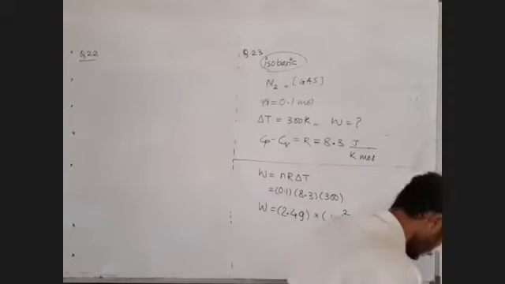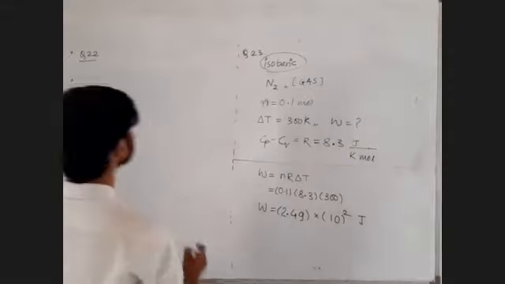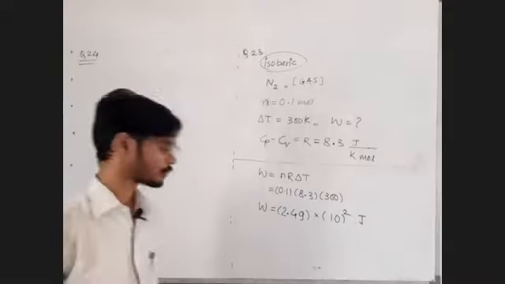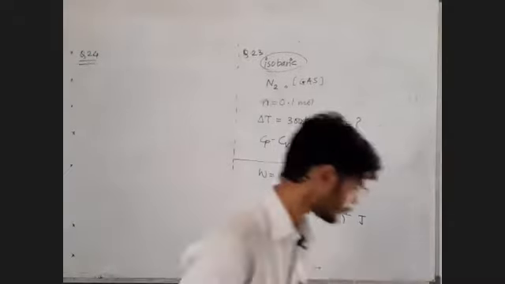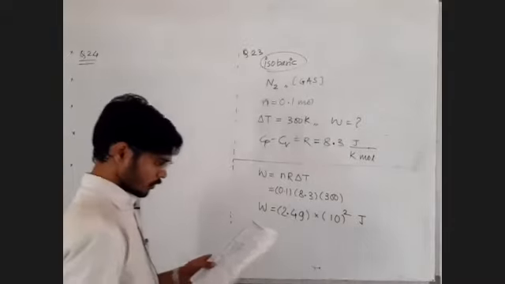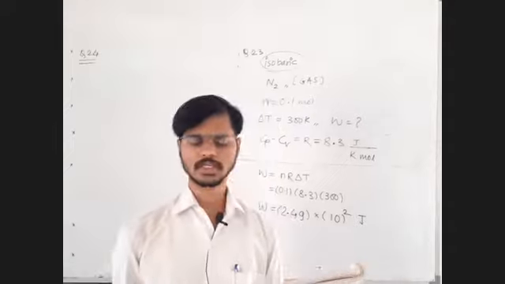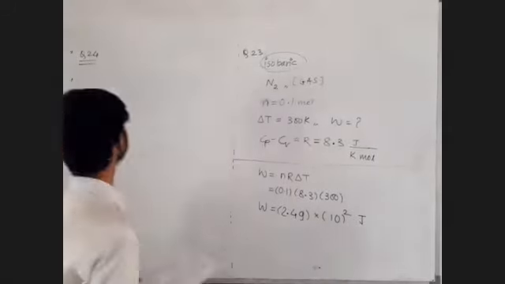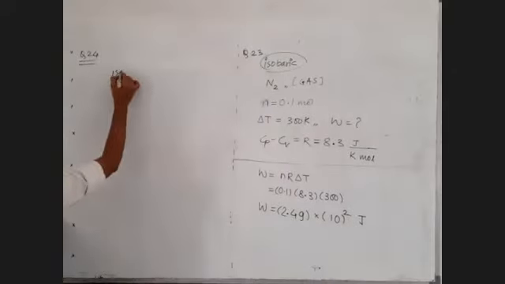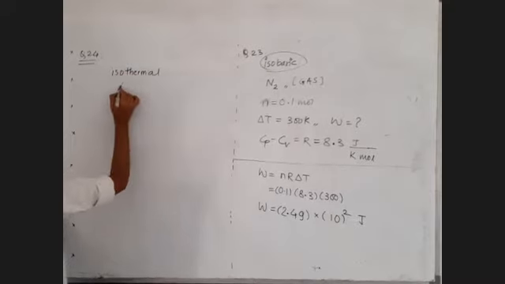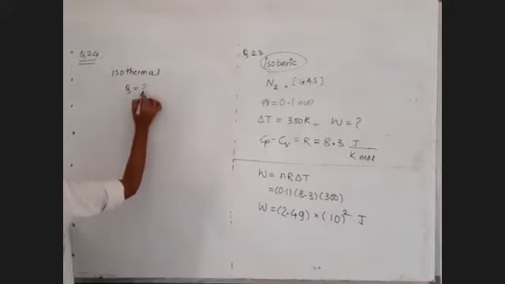Question number 24. Let us solve it. The heat energy given to the system in the isothermal process is used in, Q is equal to question mark.